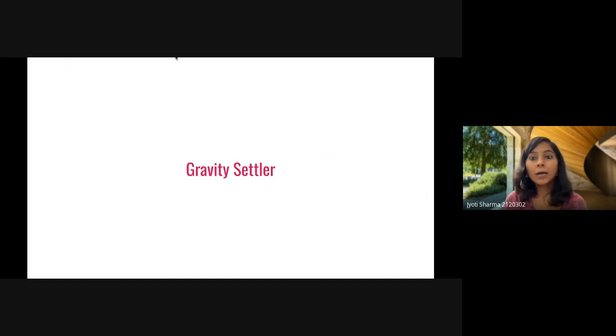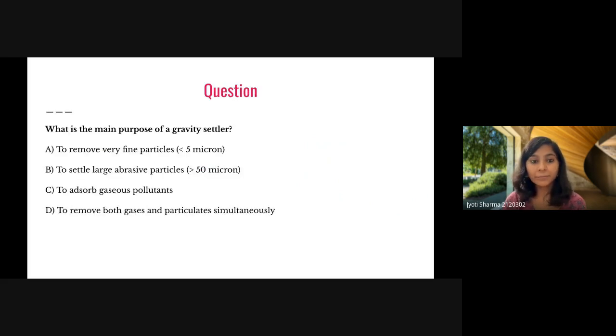Now we will talk about these techniques, these instruments, one by one. Our first instrument is the gravity settler. This is very simple, and we have a very simple question on it, but we will try to have a good discussion over gravity settler. What is the main purpose of a gravity settler?